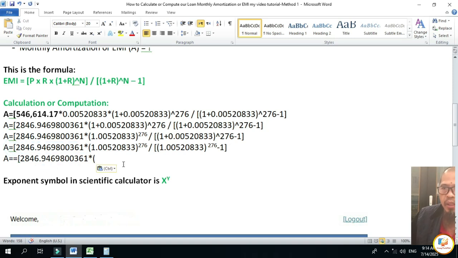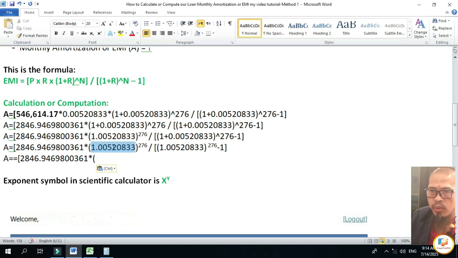Now, using our calculator or scientific calculator, note here the exponent symbol in a scientific calculator is xy. This is our symbol to use to convert this to an exponent.